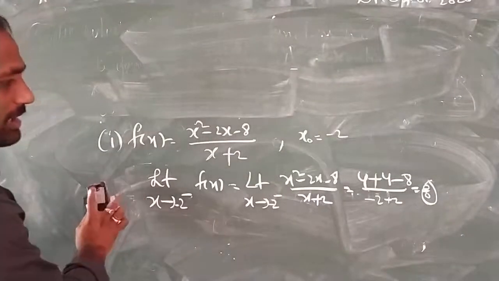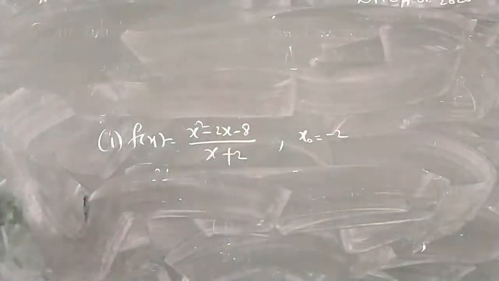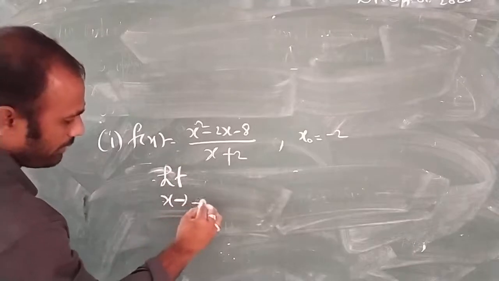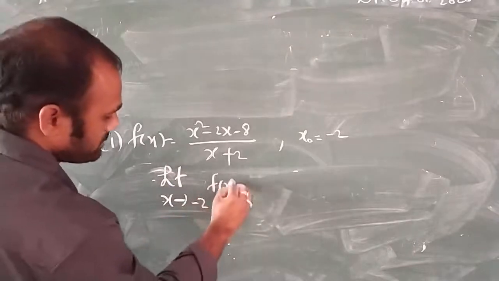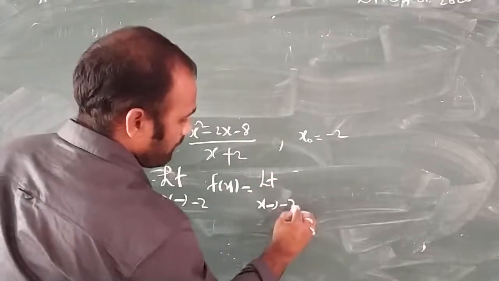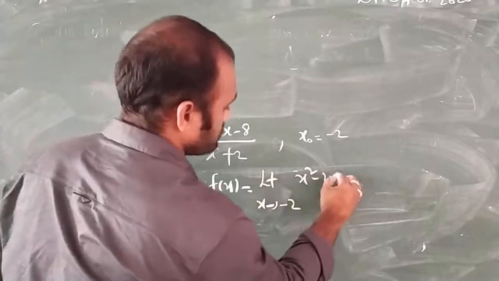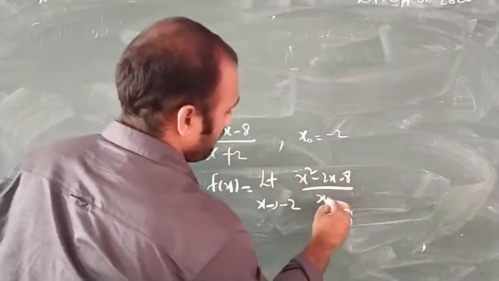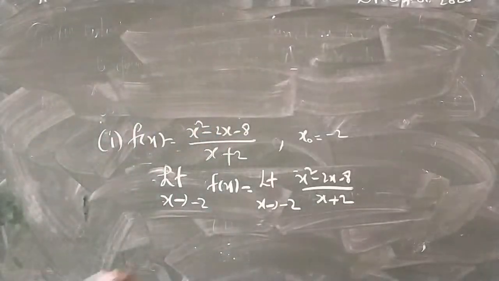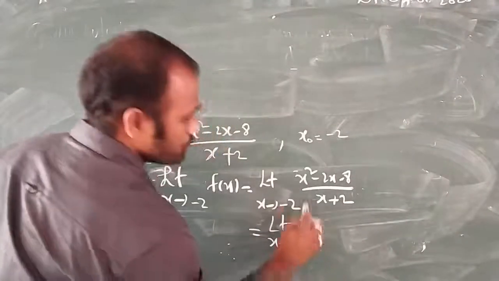So we can say that it is a discontinuous function. Now to make it a continuous function, let us change this. How am I going to change it here? Limit x tends to minus 2 f of x is equal to limit x tends to minus 2 of x square minus 2x minus 8 divided by x plus 2.